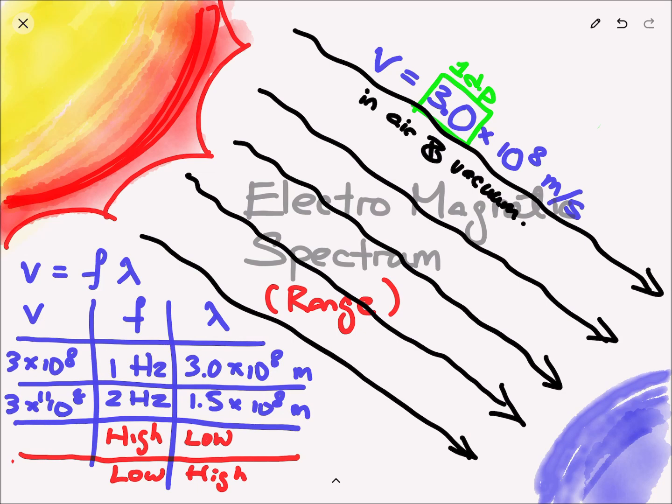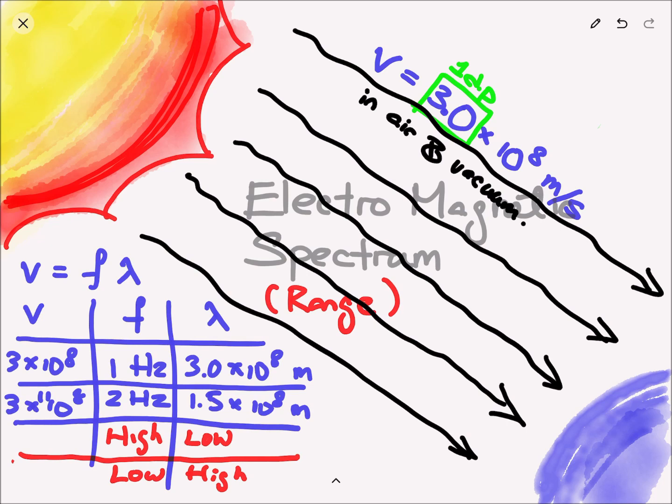Because of that, a range of waves comes into Earth at different frequencies and wavelengths, and they arrive at our Earth at the same time because they travel at the same speed from the sun to our Earth. Because of the difference in frequency and wavelength, they behave differently and have different applications.